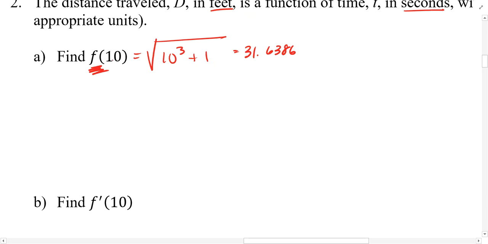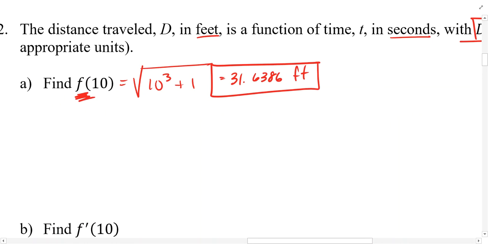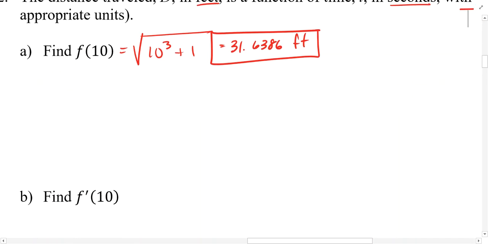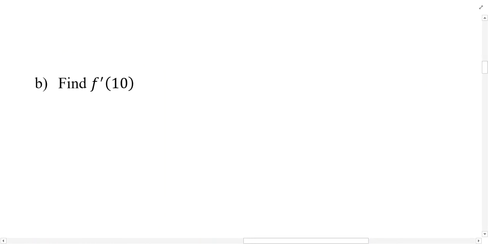And since this is the function, not the derivative function, we know that the unit should be feet. This function is the same as our distance calculation, and distance, we were told, was measured in feet. So after 10 seconds, this object has moved 31.6386 feet.